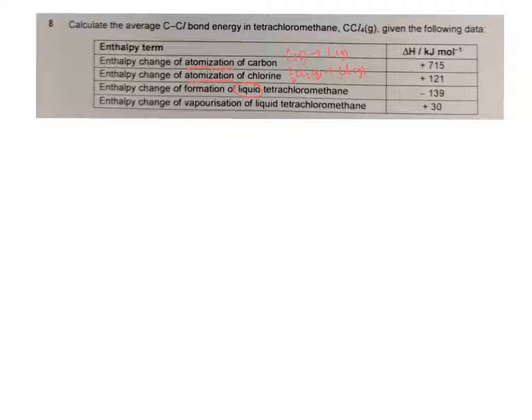So if we look at tetrachloromethane, there's carbon and there's chlorine. Carbon, that's always a solid. I only need 1 of that. And I need 2 moles of chlorine gas to get me that 1 mole of tetrachloromethane in the liquid state, right?